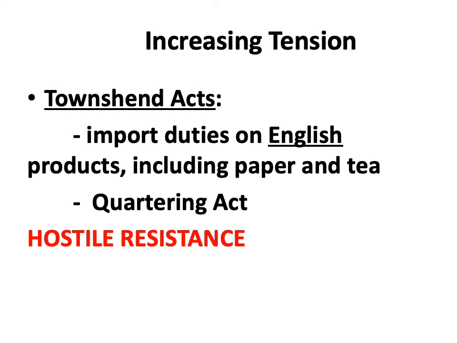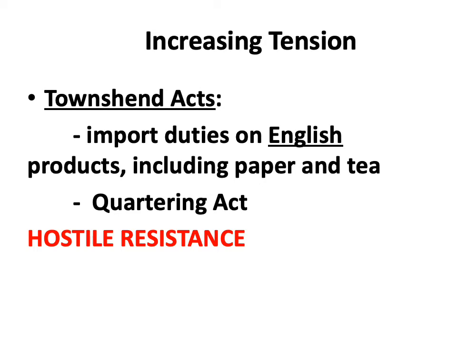However, shortly thereafter, Parliament passed the Townshend Acts, which, rather than levying a direct tax as the Stamp Act had, increased import duties on English products, or rather, for the first time imposed import duties on English products.